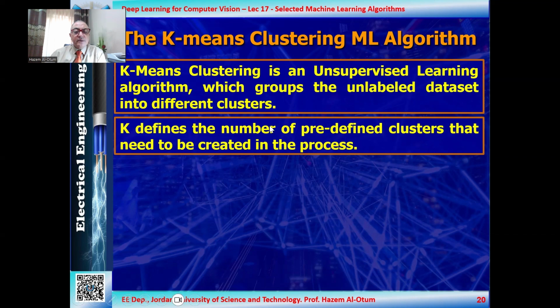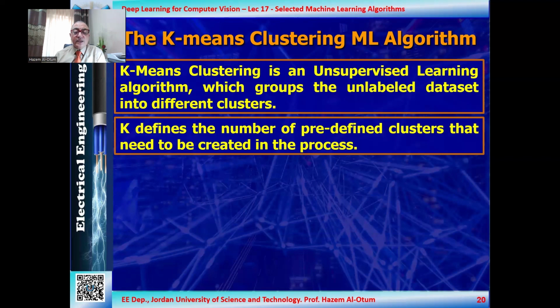Now k defines the number of predefined clusters. So how many clusters do you want to use for clustering your data? You can vary this value, and you can select it either optimally or empirically. The same thing applies for k-NN: you can select k by the number of votes or the number of included samples.